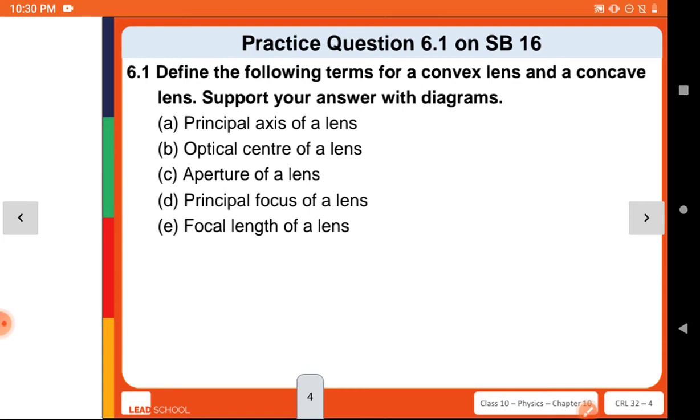What do you mean by principal axis of a lens, optical center of a lens, aperture of a lens, principal focus and focal length? In our next lecture, firstly we will review this question. You have to solve it on your own with the help of this video.